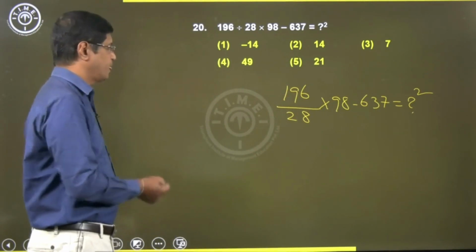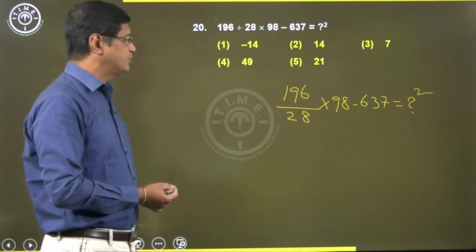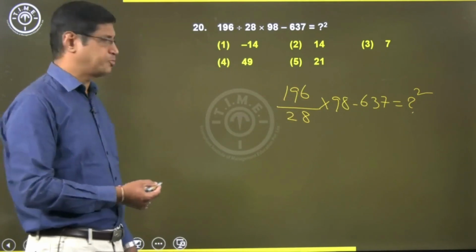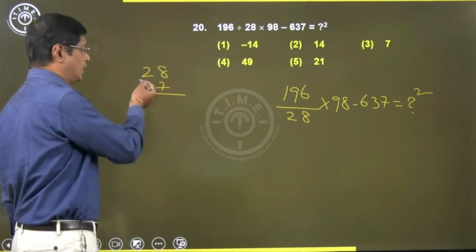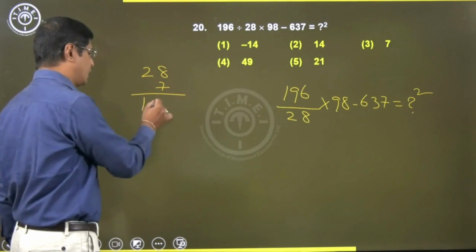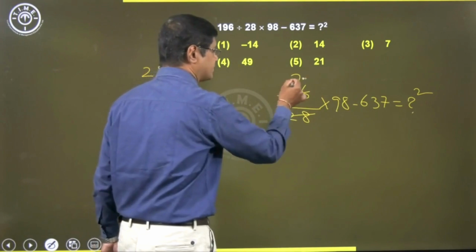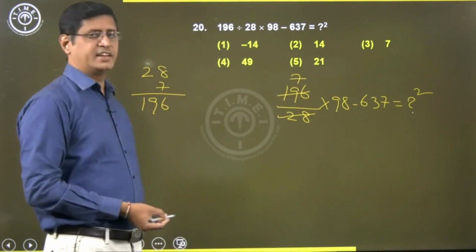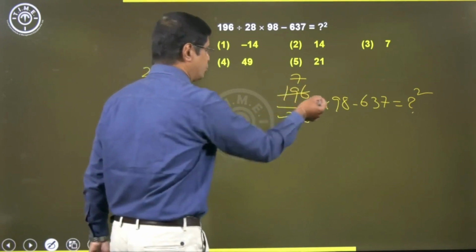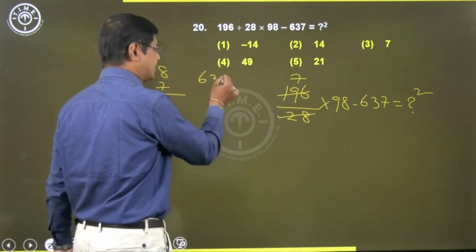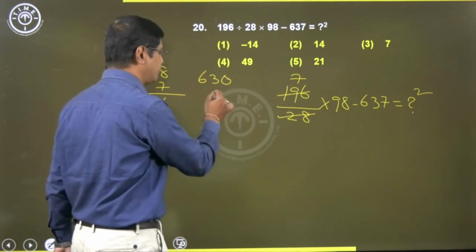Let me check here. 28, how many times does it go? 7 times. 28 into 7, 140 plus 56, 196. So it goes exactly 7 times. Then what is next here? 7 into 98. 7 into 90, 630. 7 into 8, 56.